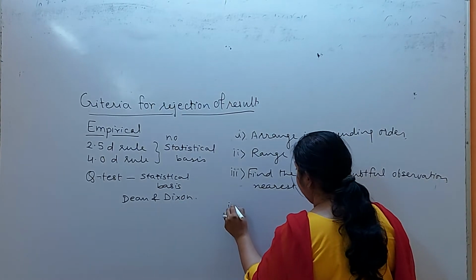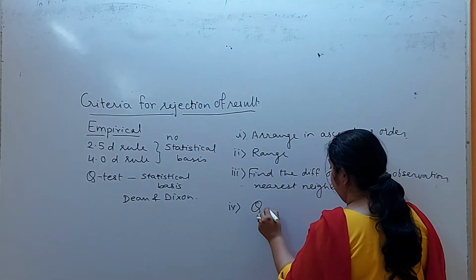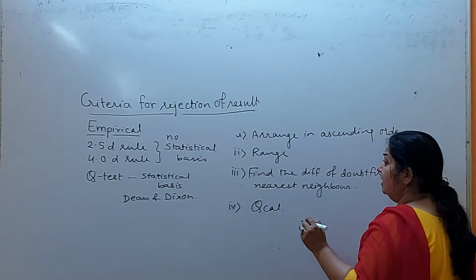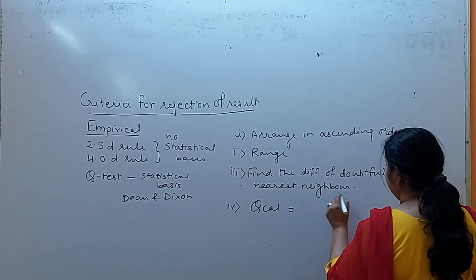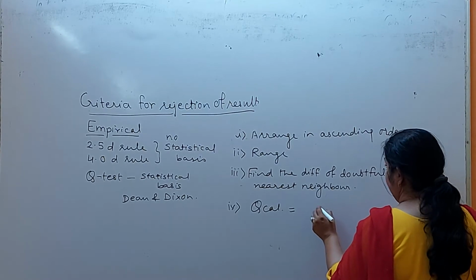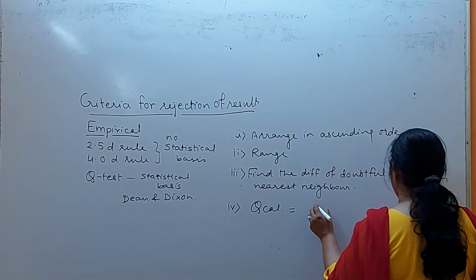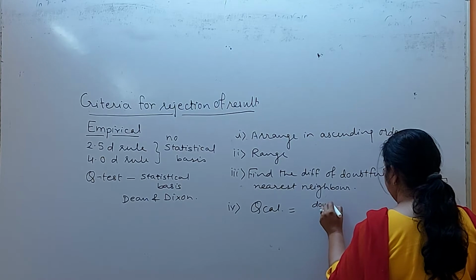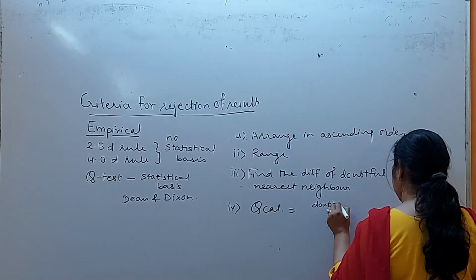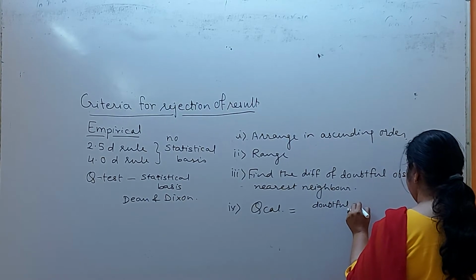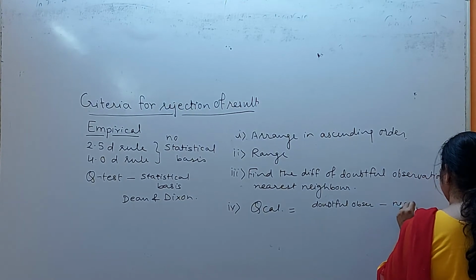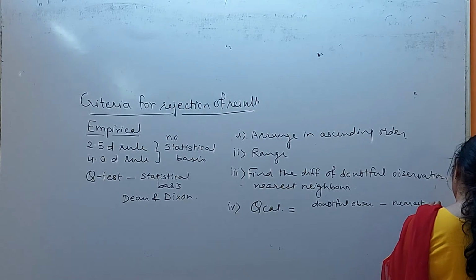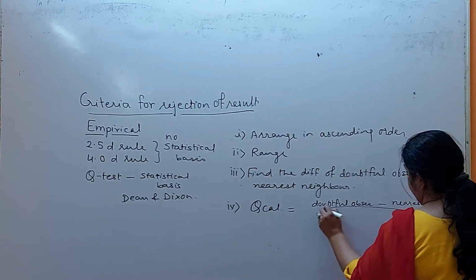Fourth, find Q calculated, which is called the rejection quotient, equal to the difference between the doubtful observation and its nearest neighbor upon the range.